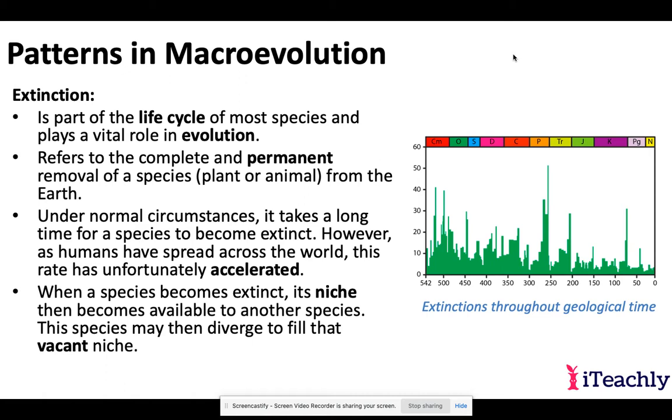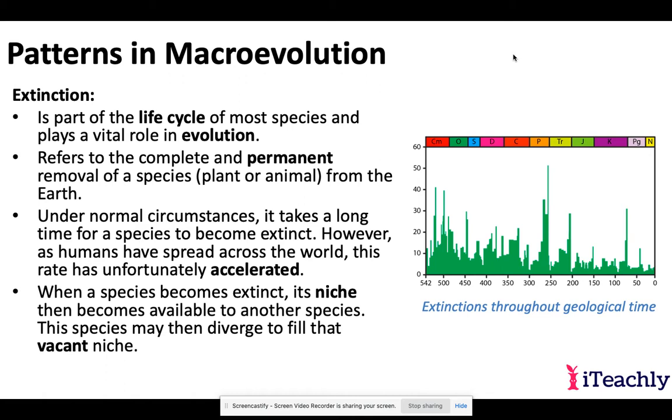You can't be like, oh no, I want to be that. You don't go backwards. So once that change has occurred, and a species has evolved into a new organism, if that new species has eliminated or permanently removed the other species from Earth, that would be extinction.